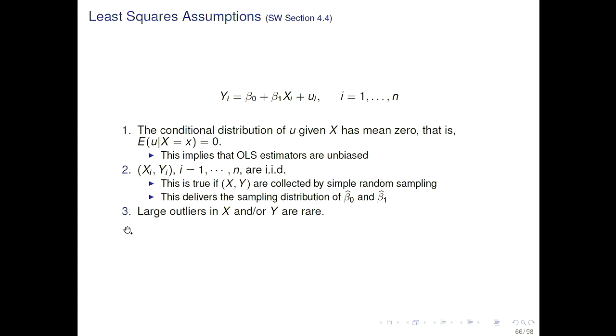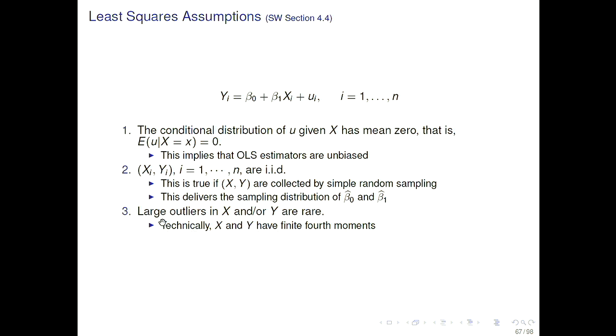And number 3, there are no outliers in both X and Y. The outlier assumption can be stated in a more technical form, but just remember that this can be rewritten mathematically: the expectation of X to the power 4 is finite, and the expectation of Y to the power 4 is finite.